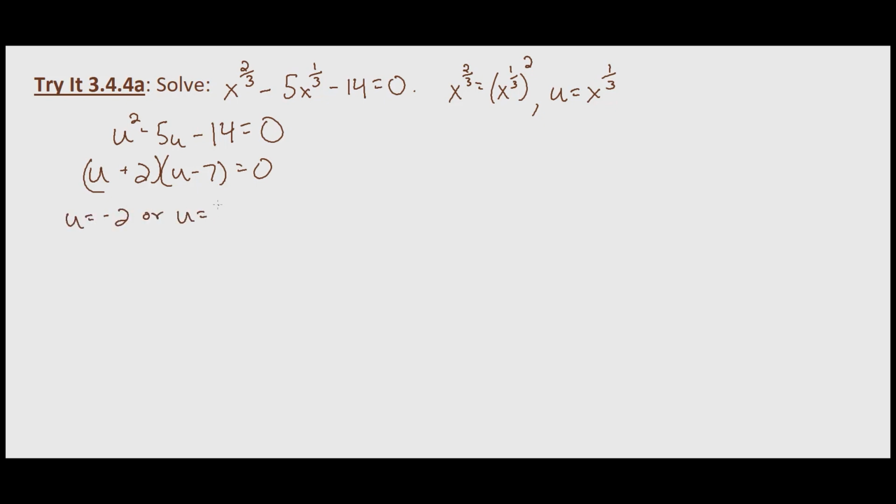So u equals negative 2, or u equals 7. So now we'll back substitute: x to the 1/3 equals negative 2, or x to the 1/3 equals 7. So if we cube both sides of these equations, x to the 1/3 cubed is just x, and negative 2 cubed is negative 8.